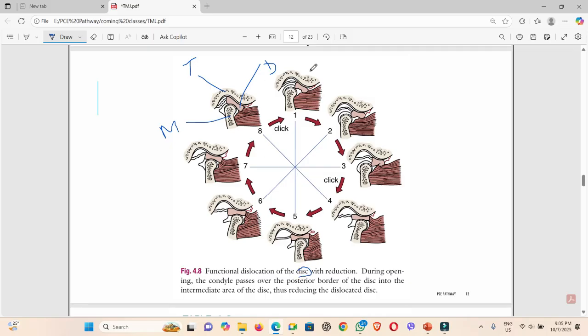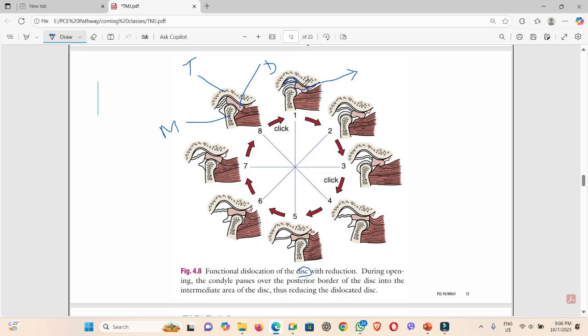Now, as you can see here, the disc has been dislocated anteriorly. Like in the low back or cervical spine, the disc is displaced towards the back side, isn't it? PIVD, posterior intervertebral disc bulge happens. Here also the disc is bulged anteriorly. Ideally, the disc should have been in this position.